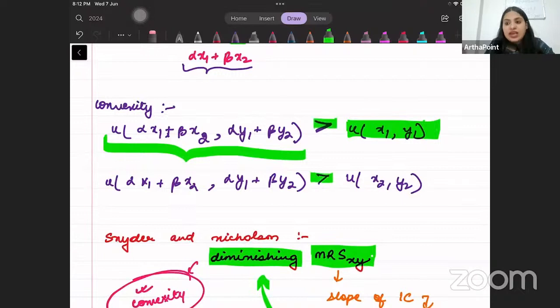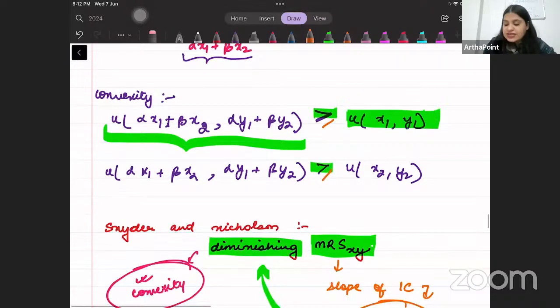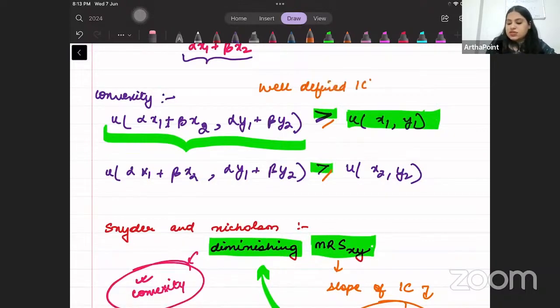When I say weak convexity, weak means the lines are convex, but not strictly convex. Then I also include an equal to, right? But for our well-defined ICs, you don't have this equal to sign. You are talking about a strict sign.